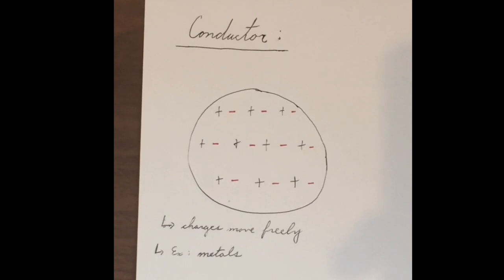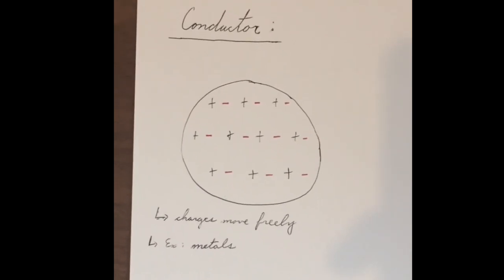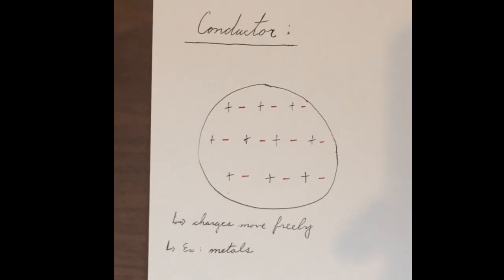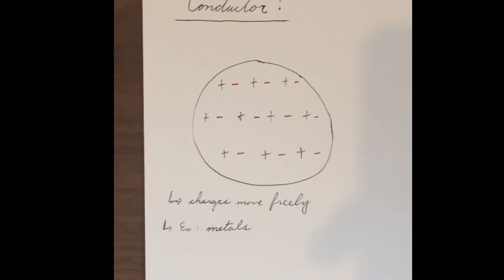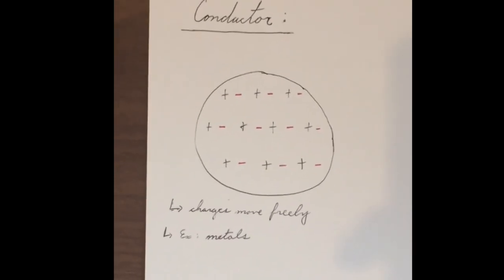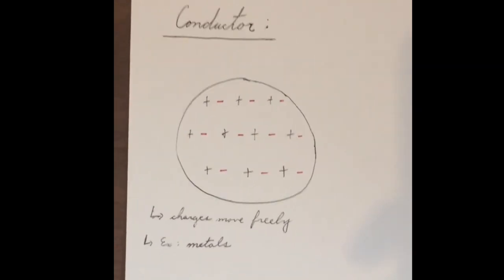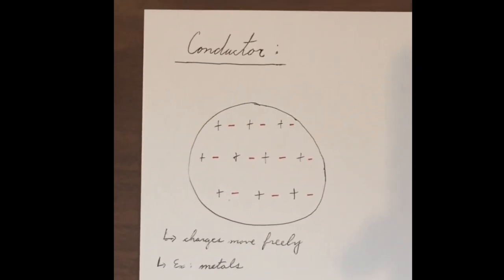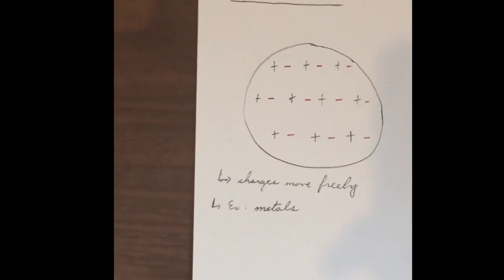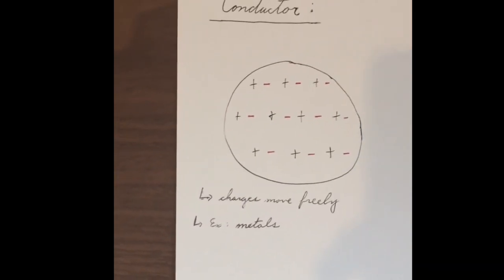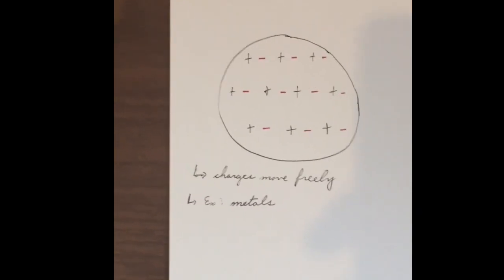The two types of neutral objects that we're going to be covering in this video are classified by their ability to permit charge. We'll start off with the first material, which is called a conductor. These allow charges to move freely. When the electrons in the outermost part move, they can conduct electricity.